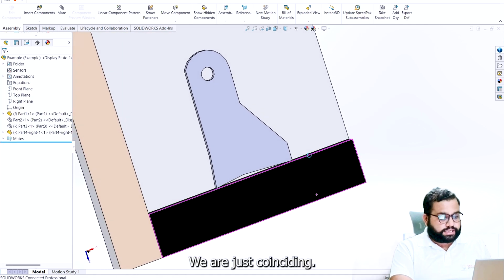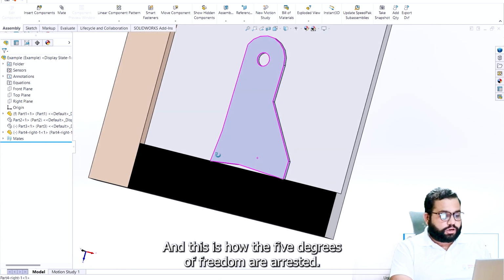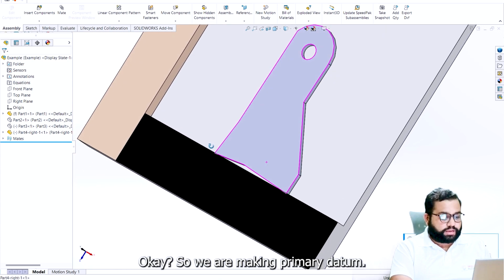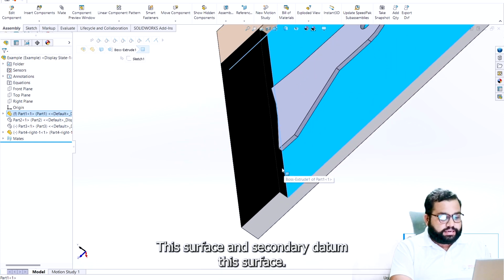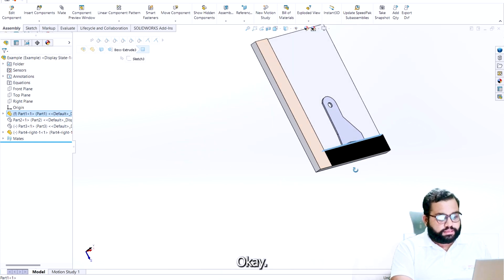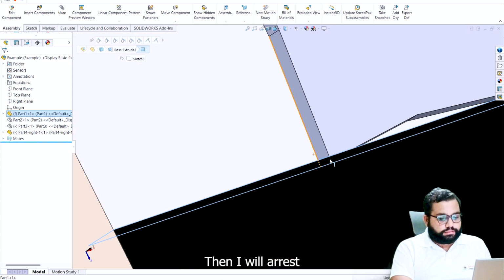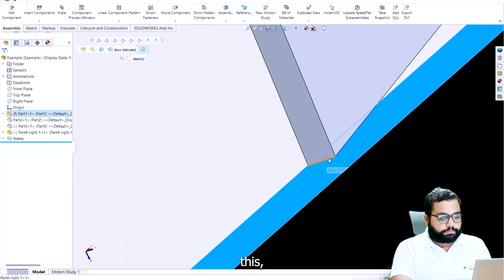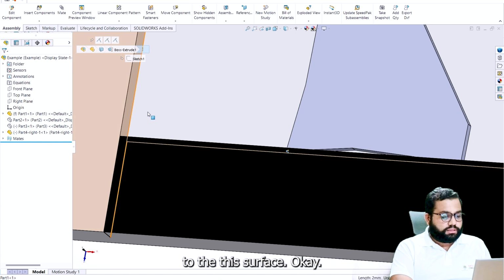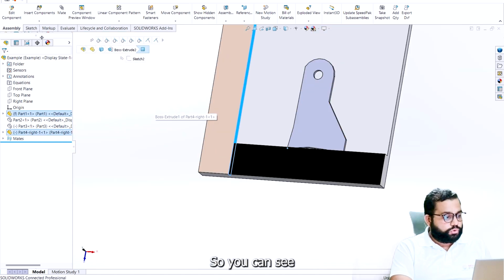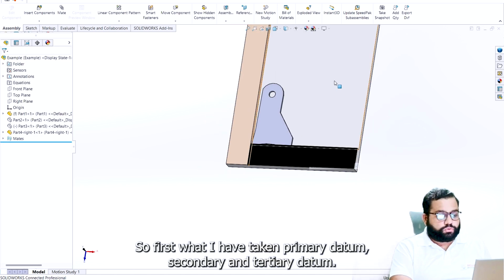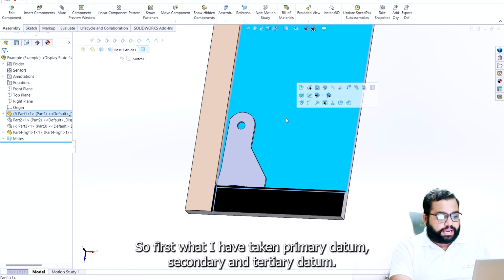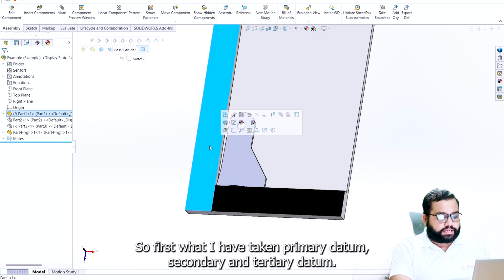We are just coinciding, and this is how the five degrees of freedom are arrested. I am taking this surface as the primary datum and this surface as the secondary datum. Then I will arrest this point to this surface. Now you can see that I have arrested all six degrees of freedom. So first I have taken the primary datum, secondary datum, and tertiary datum.